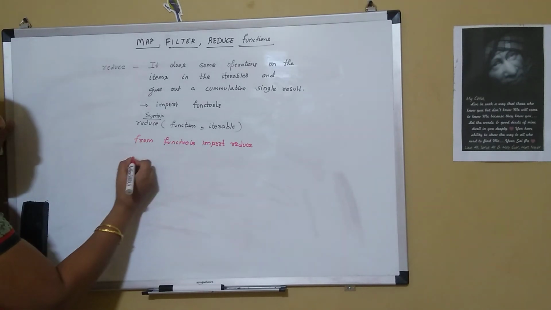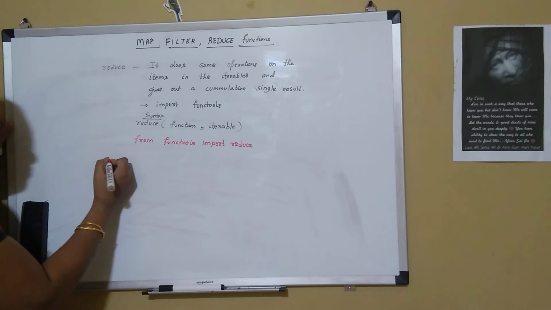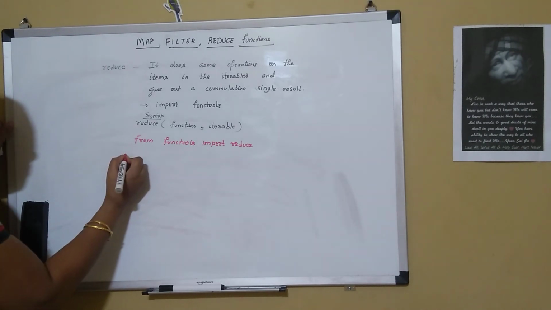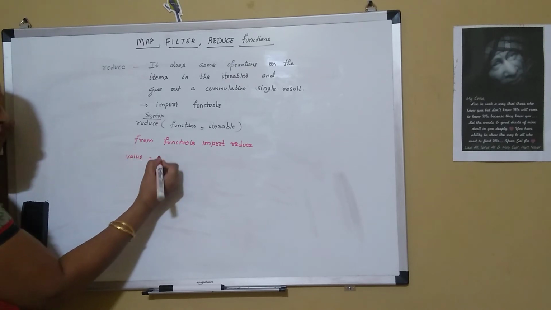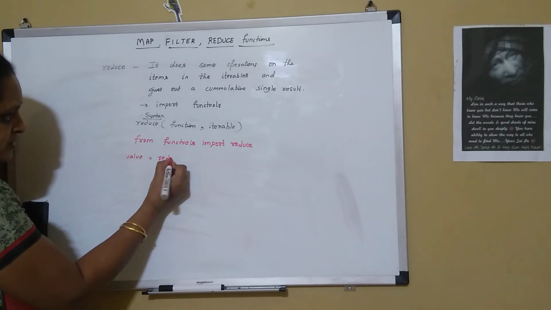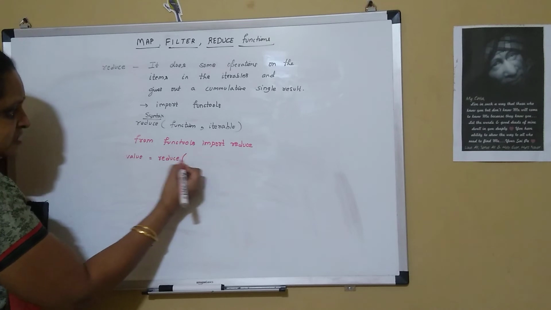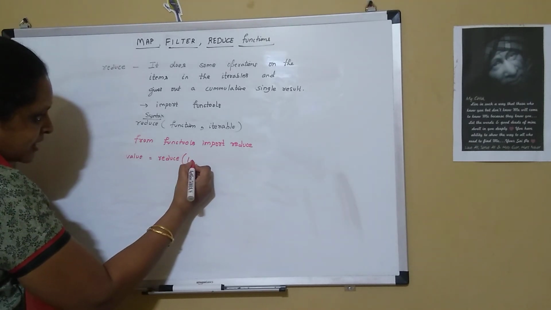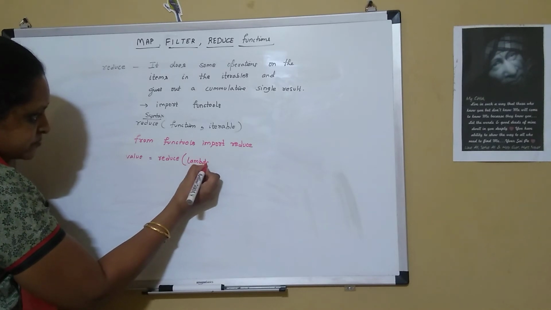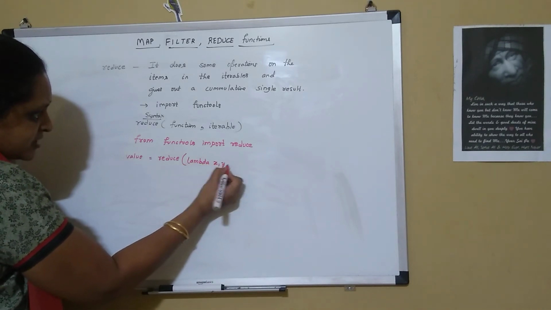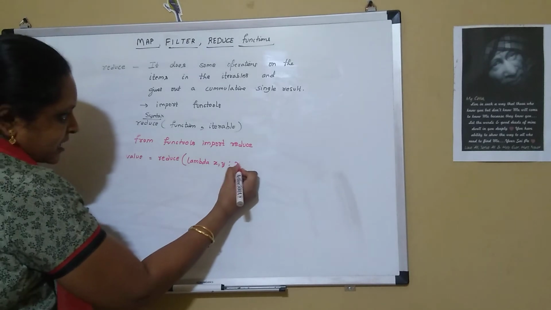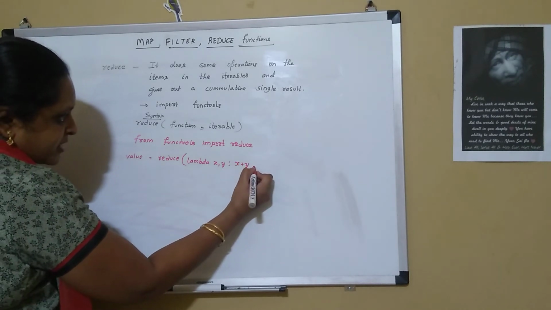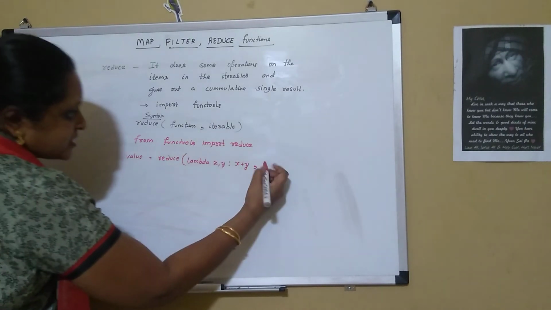Then I'll store my output in a variable called value. Value equal to reduce. The function in this case is lambda x comma y: x plus y, comma, the iterable.